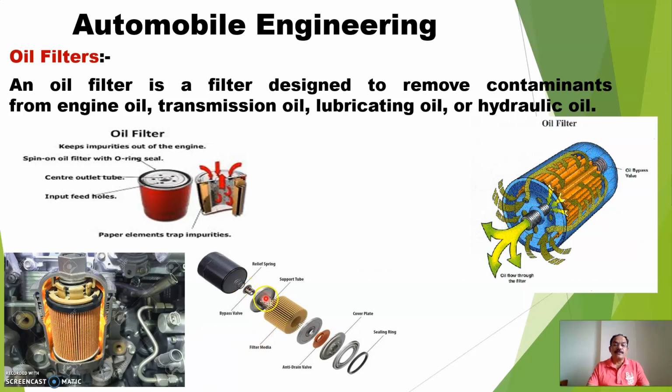You can observe this filter in this figure, how it is constructed, what are the parts of the filter: sealing ring, cover, anti-drain valve, filter media. This is generally made up of paper or some such material from which only oil will be filtered, and the dust particles and remaining wear particles will be retained at this filter.